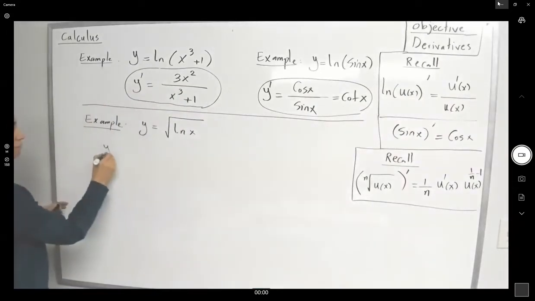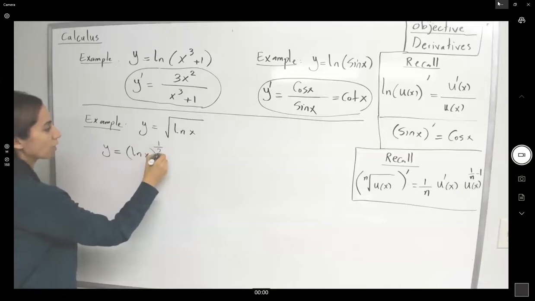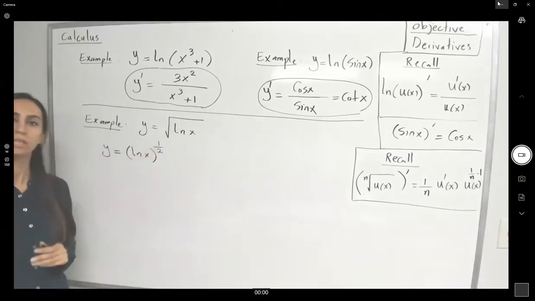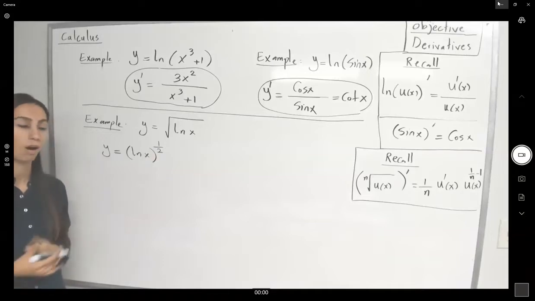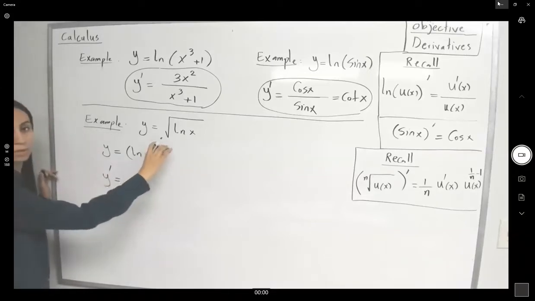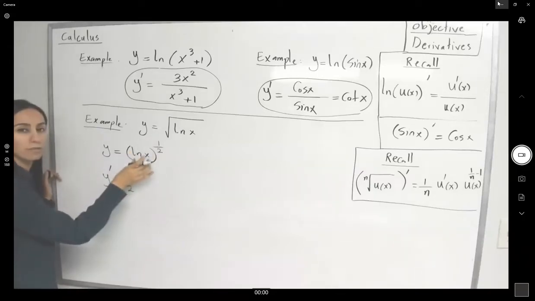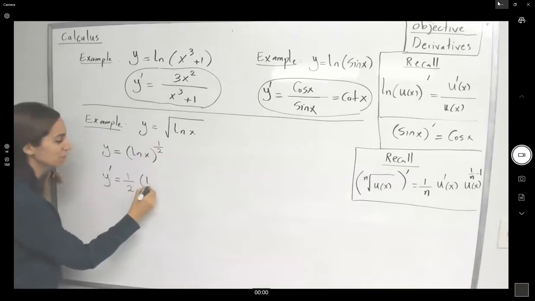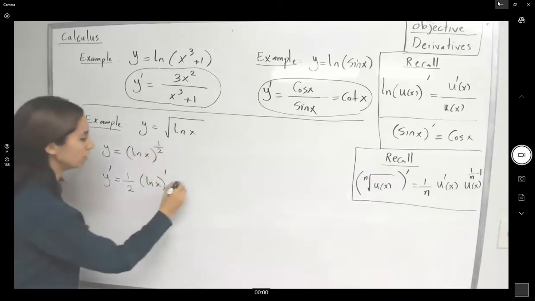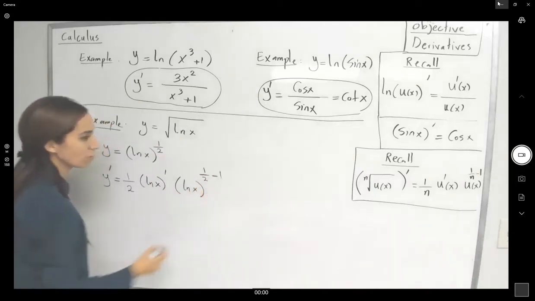So this guy can be written as y equals ln of x to the power a half. That's how we define the nth root, the second root, the third root, the fourth root of different functions. So the derivative is equal to, we drop the exponent a half. We take the derivative of the quantity inside the parentheses, the derivative of ln, and then we subtract 1 from the exponent, ln of x to a half minus 1.